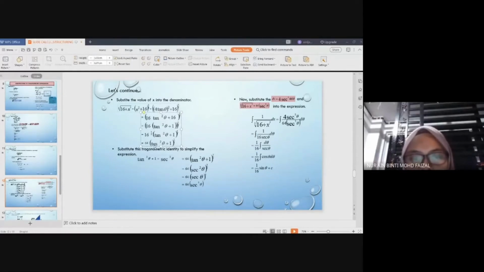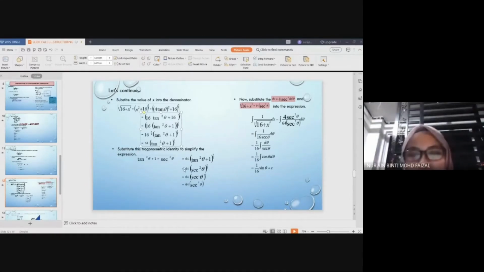You see right over here, there is tangent squared theta plus 1, right? So how can we simplify? We just recall back to the trigonometry identity. Tangent squared theta plus 1 is equal to secant squared theta, right? So you just substitute the value of tangent squared theta plus 1 to make it simple, to make it easy.